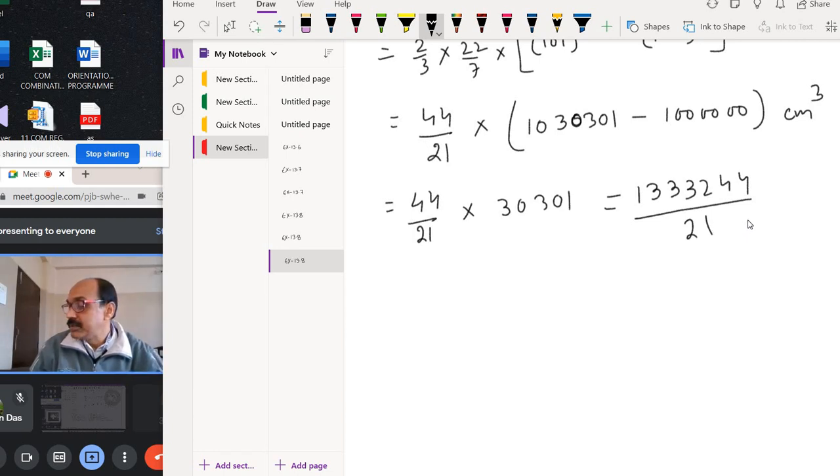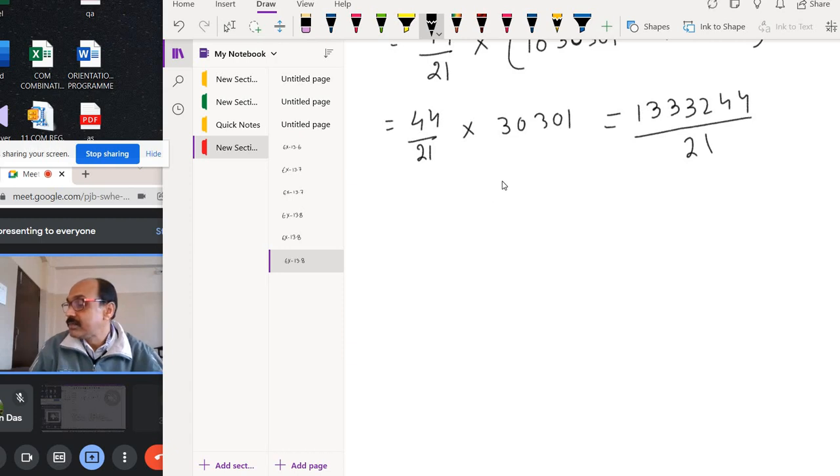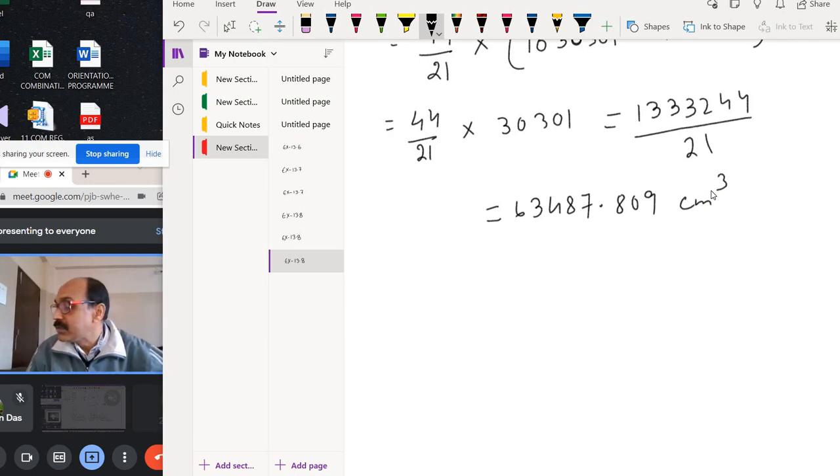So it equals 63487.809 centimeter cube. The question is to find the volume of the iron sheet used to make the tank.